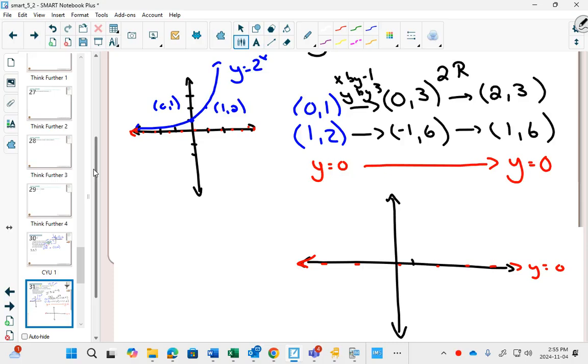I'm going to have (1, 6) and (2, 3). And once I have those 2 points, I'm going to be approaching my asymptote this way, get that general shape of your exponential function, and we have our answer.